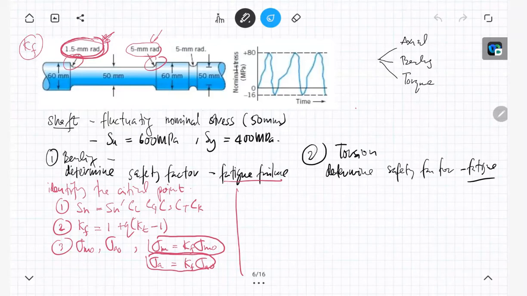Otherwise, just using the formula, you will get the safety factor.